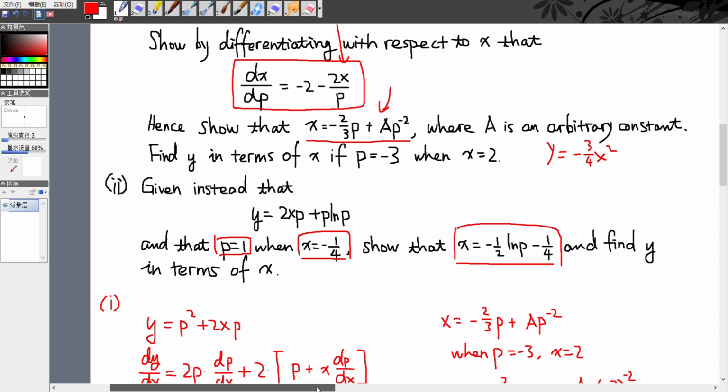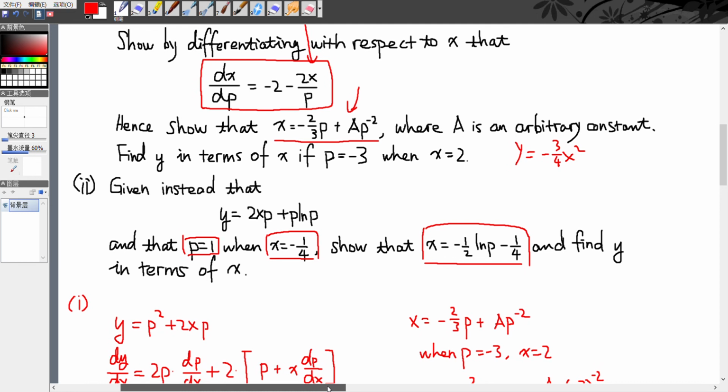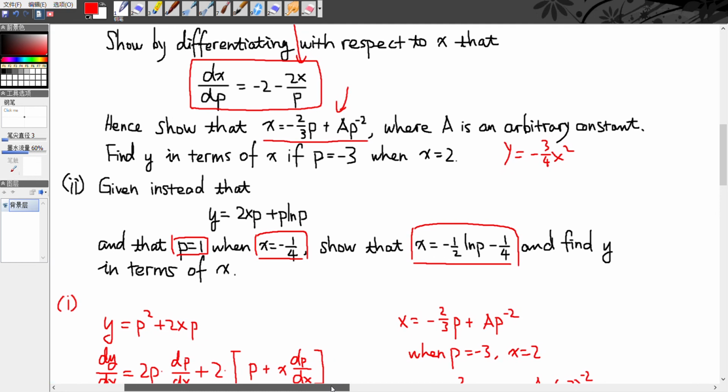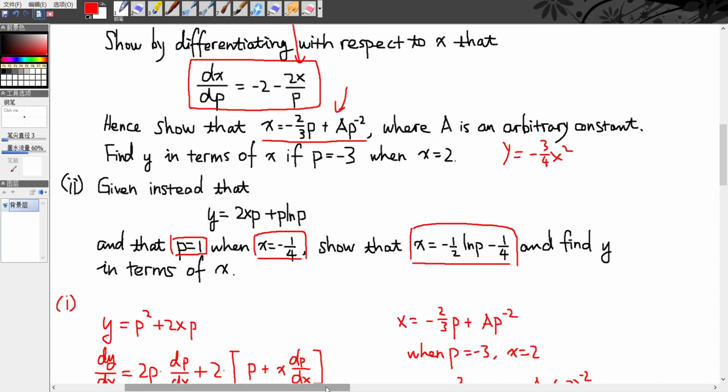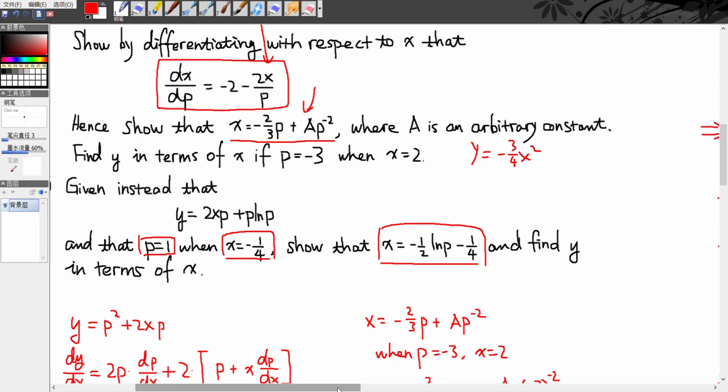And the final goal is to find y in terms of x, which is not very hard as well, because we already have the relation between x and p. All we need to do is find p in terms of x, and then substitute it into y.